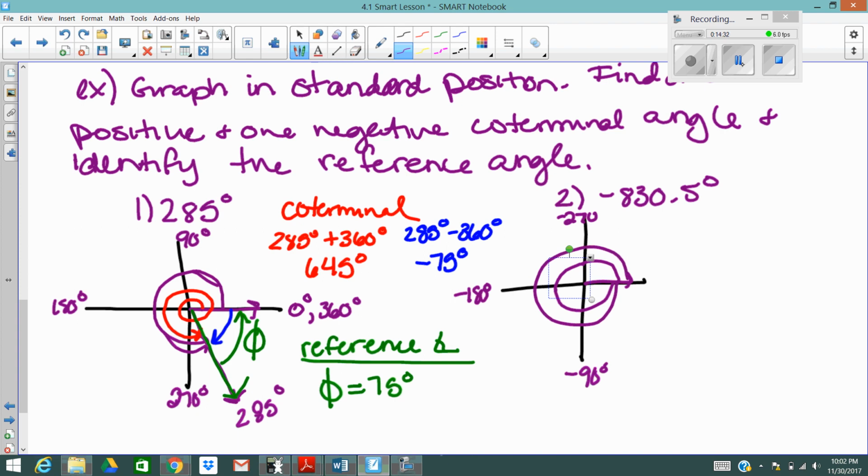So that's negative 720 degrees because I've now gone around twice. So this is now negative 810 degrees, and this would be negative 900 degrees. So negative 830 degrees is there.